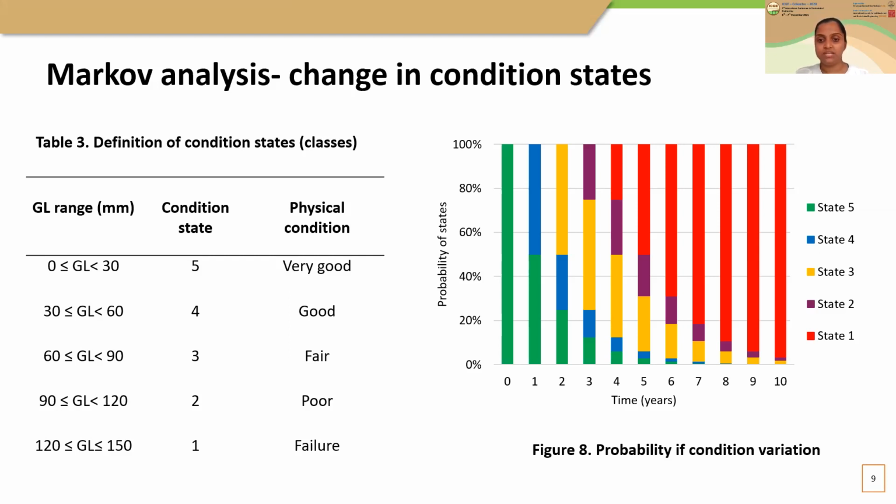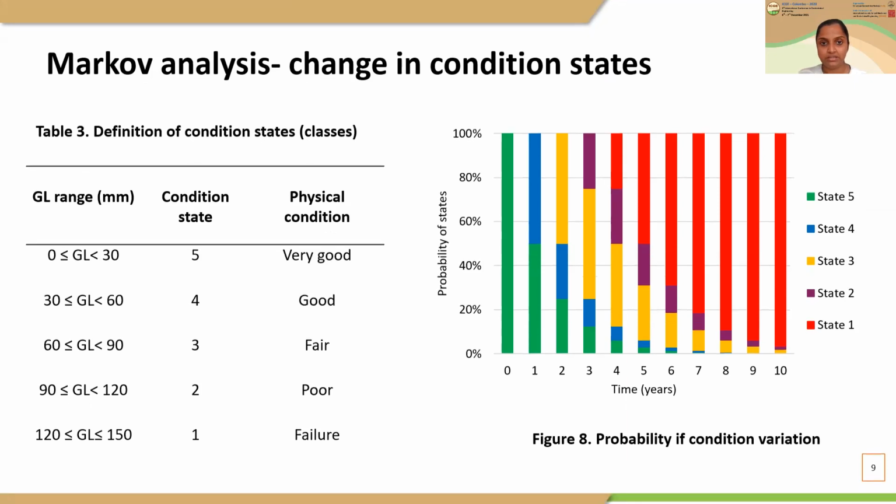With time, these probabilities vary, and we can observe that when the time is 10 years, the maximum probability is for the road to be in state 1, and the probability for the other states is very low. Likewise, we can apply this Markov analysis to all the models and the actual behavior.